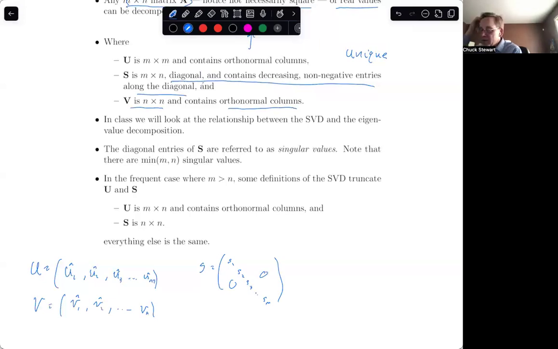In particular, if M is greater than N, I said one thing and wrote another.